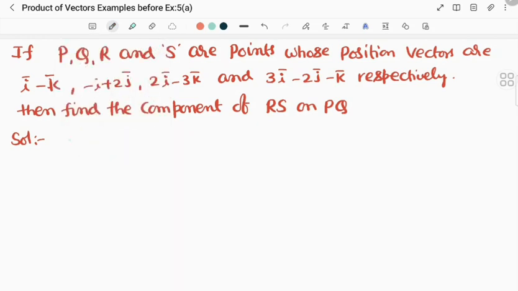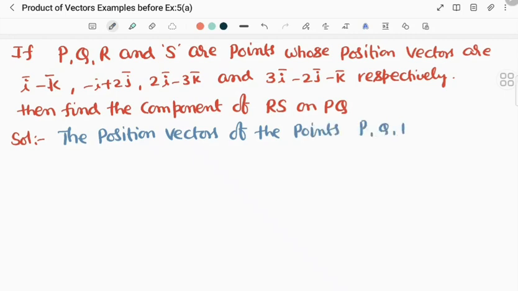The position vectors of the points P, Q, R and S are denoted by OP bar, OQ bar, like this.